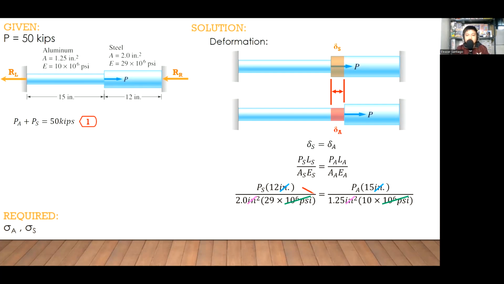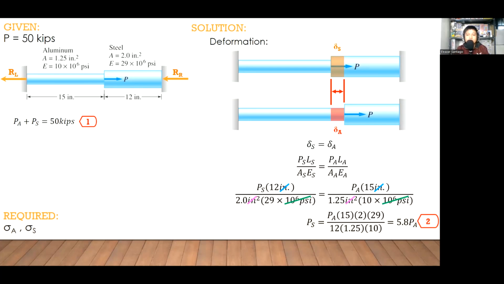If we cross multiply everything, the 12 as well as the 2 and 29, we can update our equation as PS is equal to PA times 15, then times the cross multiplied value, which is 2, and multiply that as well with 29, divided by the cross multiplied 12 with 1.25 and 10, leaving us the relationship of PS as equal to 5.8 of P sub A.